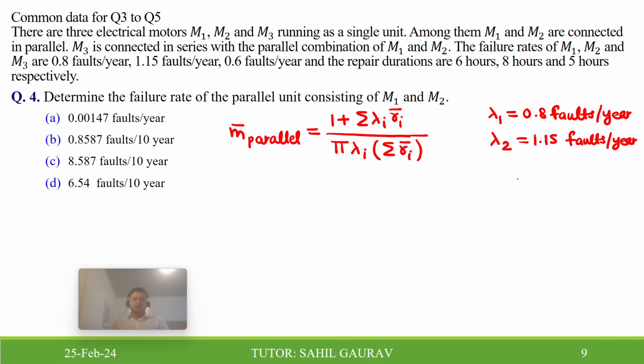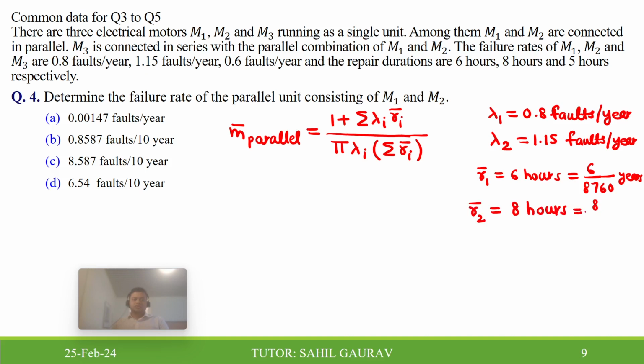Now we will convert the repair duration. Mean repair duration, that is R1 bar, is given as 6 hours. So we will take it in terms of years. So 6 divided by 8760. So it will give you the value in terms of years. And then R2 bar is given as 8 hours.